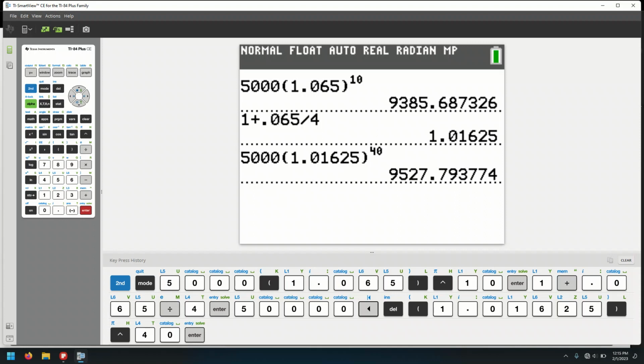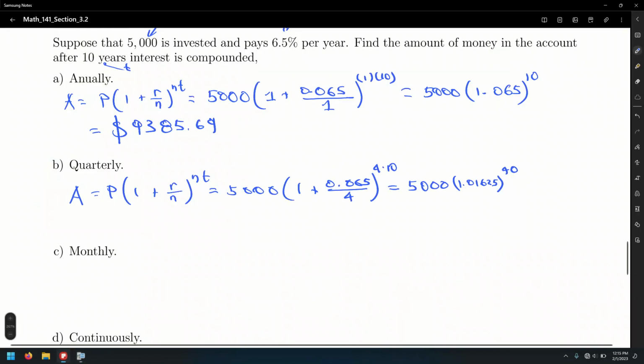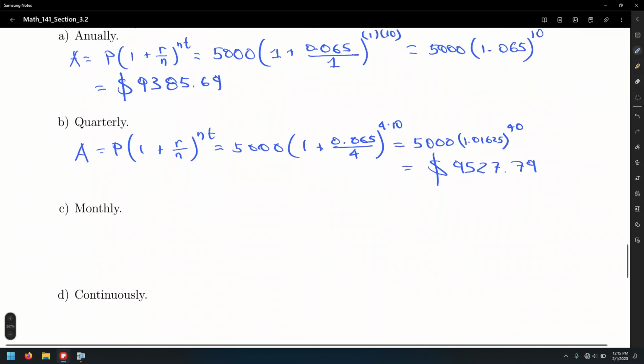It's under 5, so we don't round that 79 to 80. So it's going to be 79 cents. Okay, let me write it down over here. So that will be 95,27.79.